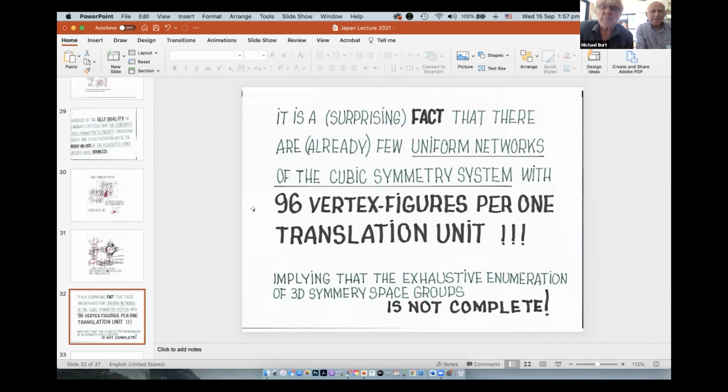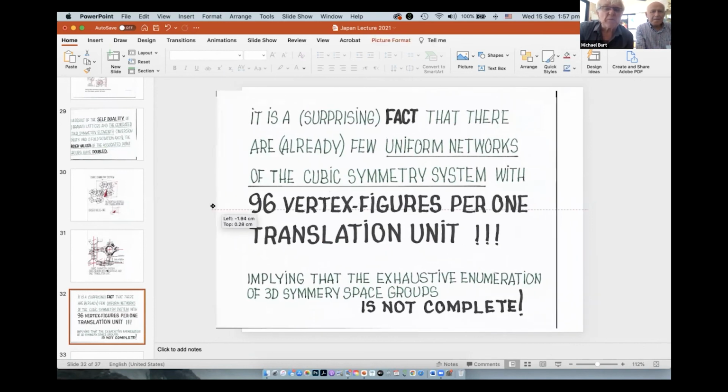It is a surprising fact that there are already a few uniform networks of the cubic symmetry system with 96 vertex figures per one translation unit, implying that the exhaustive enumeration of 3D symmetry space groups is not complete.